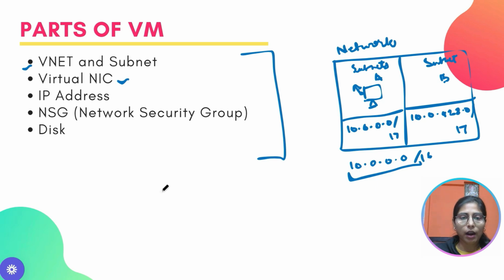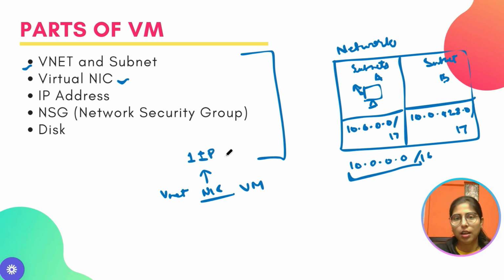If you want to attach your VNet with your VM, for that you will need a NIC, network interface card. A network interface card will have a minimum of one private IP address. You can also assign a public IP address to it.